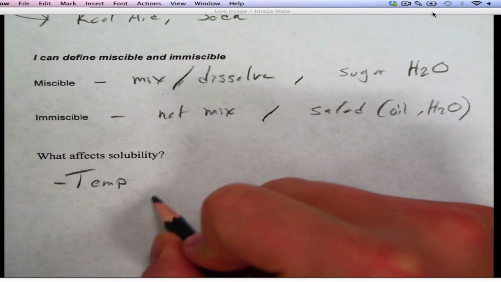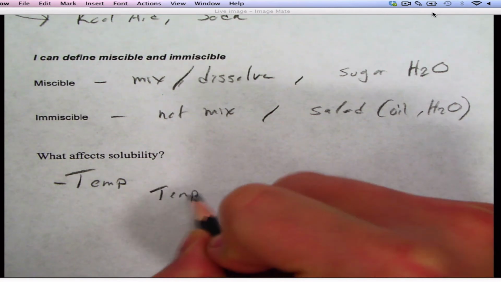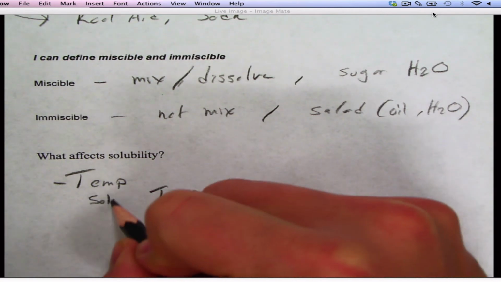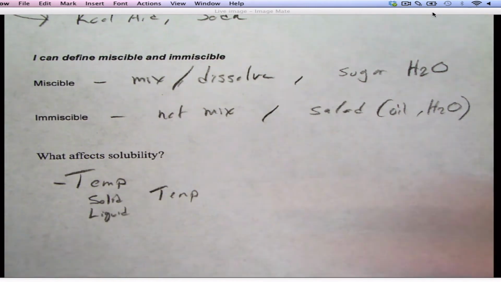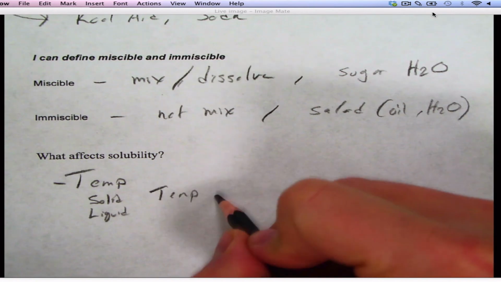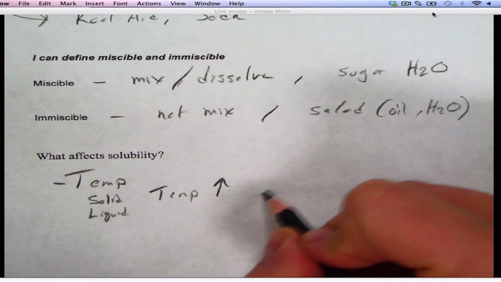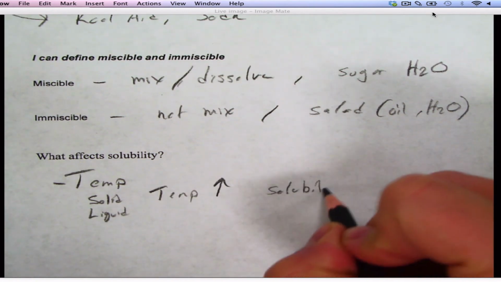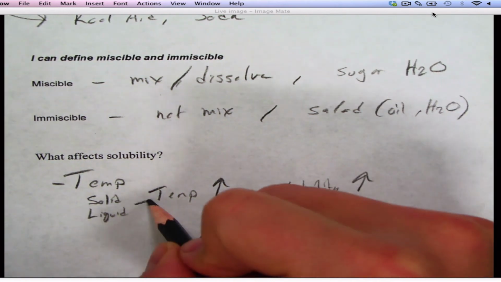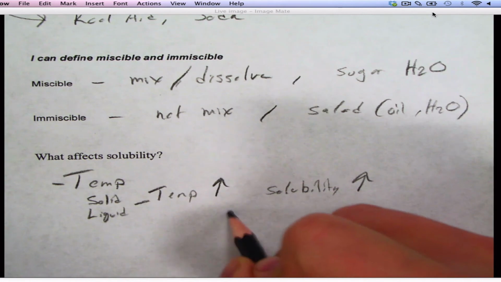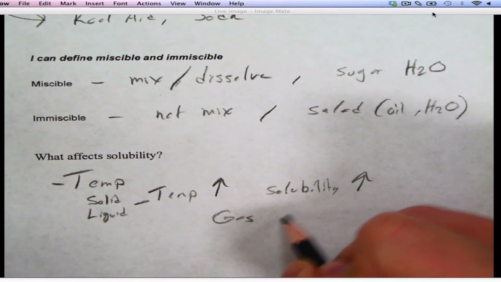This is for solids and liquids. This is not for everyone, but most of them. As the temperature increases, the solubility also increases. However, for gases, it's actually the opposite.